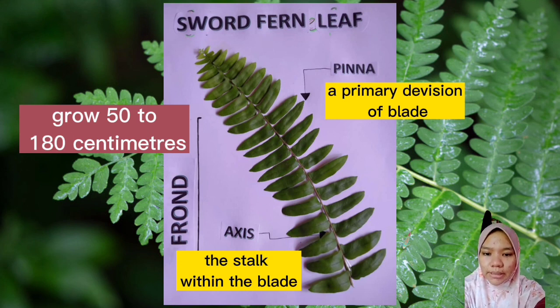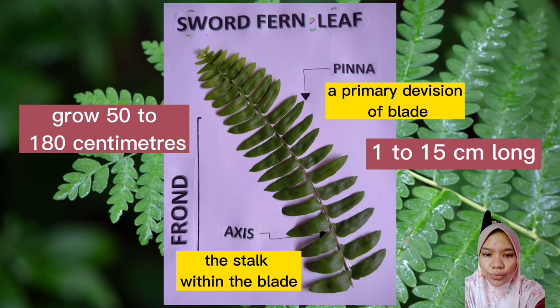Each pinna is 1 to 15 centimeters long with a small upward-pointing lobe at the base, and the edges are serrated with bristly tips.